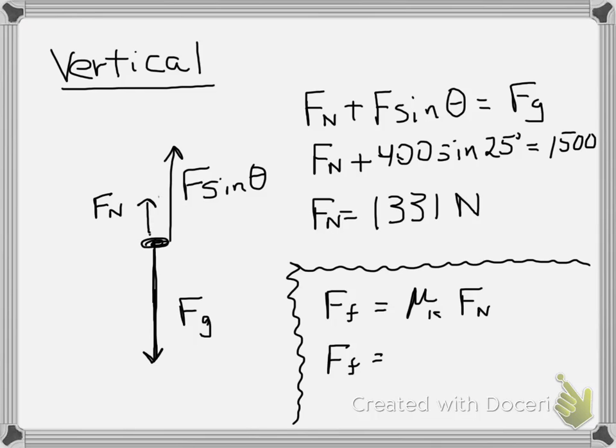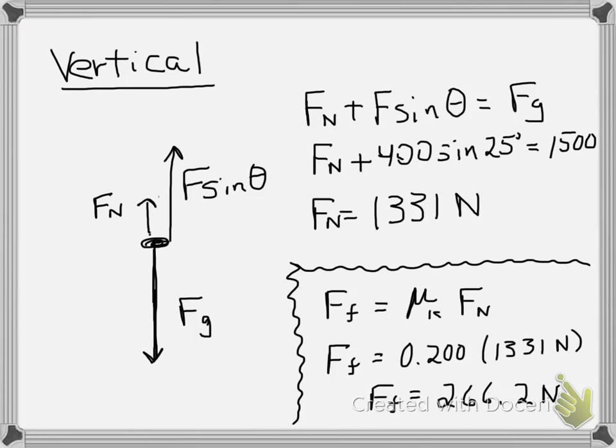According to our givens, that's 0.200 times the normal force, which was 1331 newtons. So we use what we found for the normal force to find the force of kinetic friction, and I got 266.2 newtons. And we'll need that on the next slide.